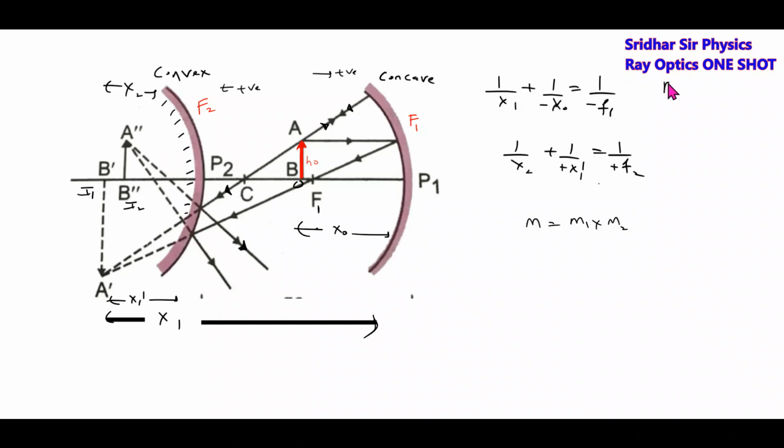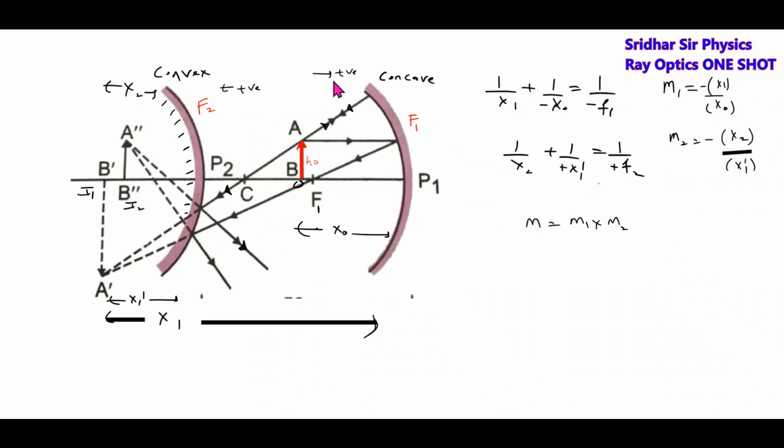Then the magnification here, M1, will be defined as minus of x1 by x0. Substitute x1 and x0 with sign. Similarly, magnification is defined by x2 by x1 dash. Substituting, we'll get the height of the image. A dash B dash also we can calculate.